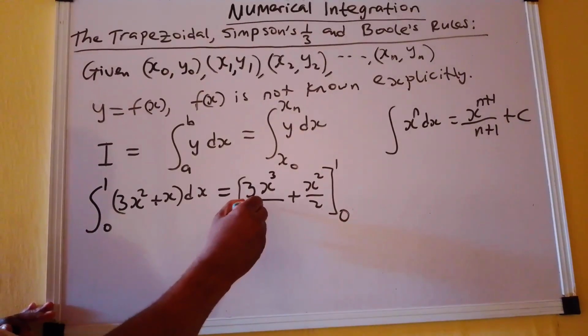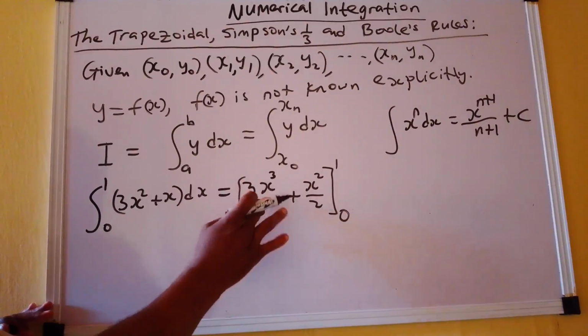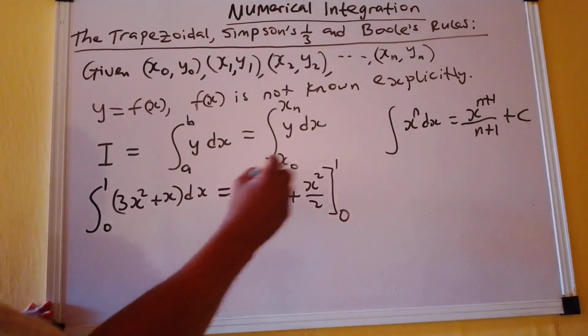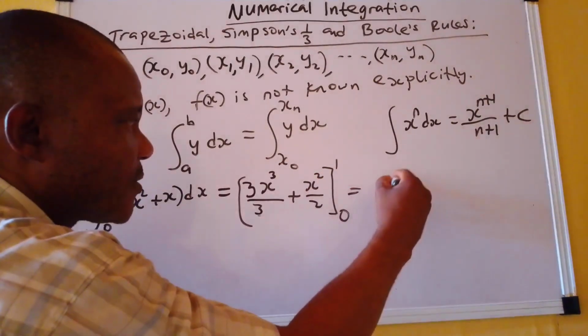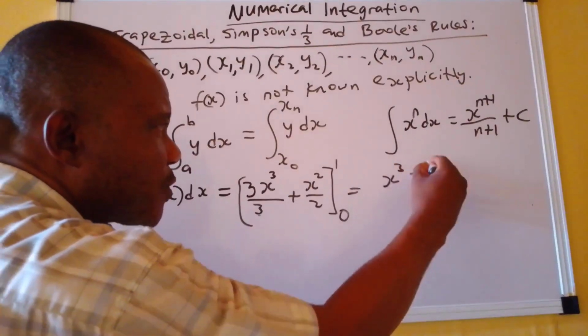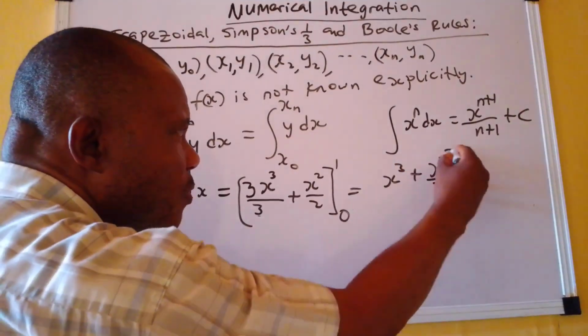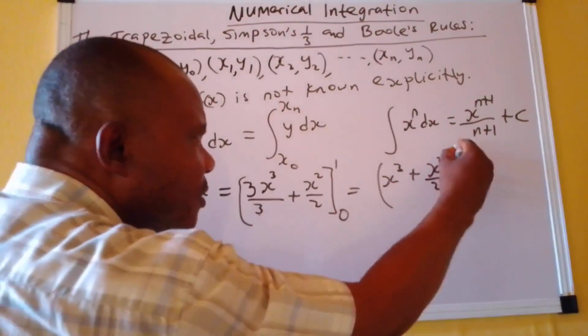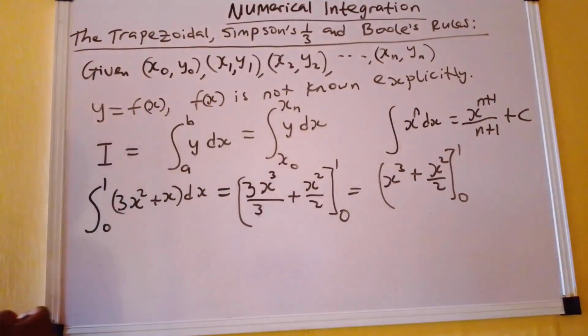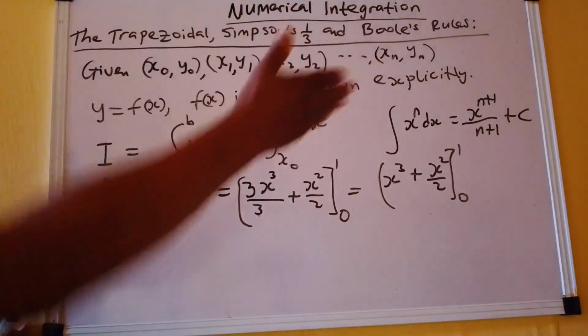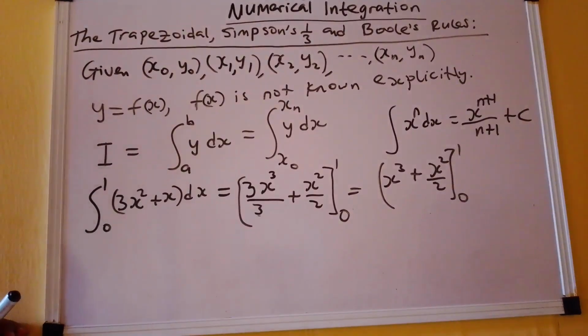So of course this 3 here will cancel. So I will have x raised to the power 3 plus x squared over 2. Then the upper bound and the lower bound will still remain. The integration constant has already cancelled out anytime you are carrying out a definite integral.